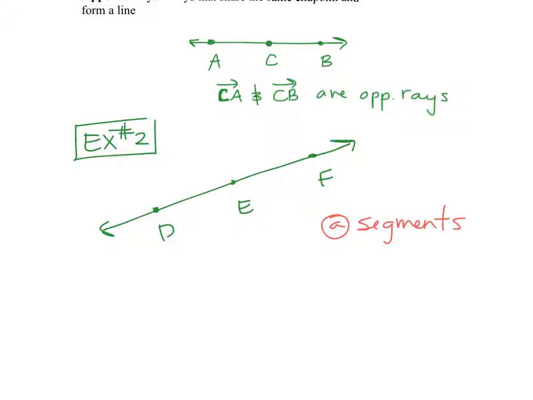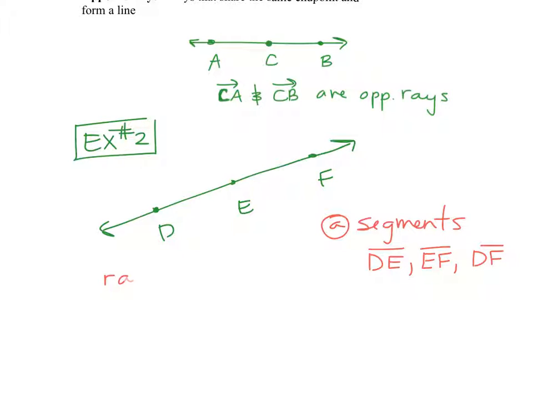There's 3, right? What are the 3? Yeah, so DE, which you could also call ED, right? But you don't need to name it both ways. Pick one. So DE. What's another one? I heard someone say EF. And what's the last one? DF, right? So the whole thing is a segment. Yes, there's a point in between, but there's a million points in between, right? It's made up of just a bunch of points. So those are your segments.